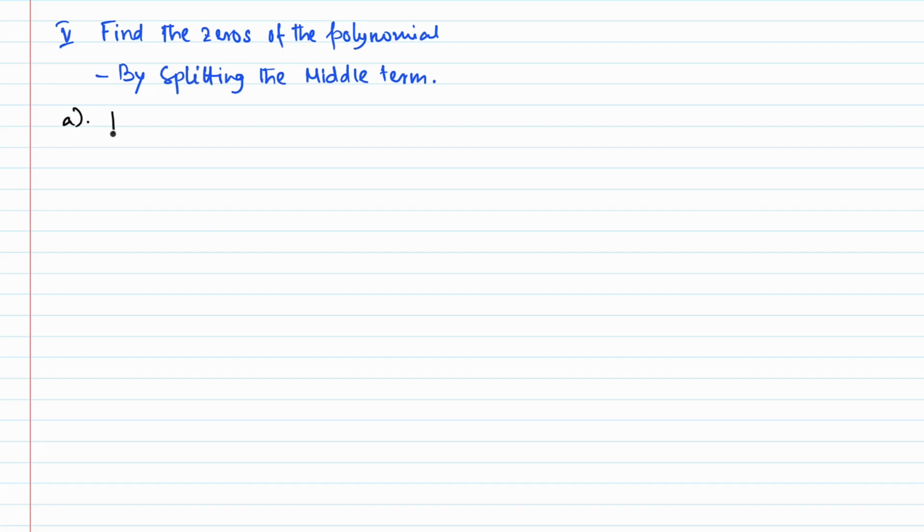Now let us take the fifth category of the problem. Find the zeros of the polynomial by splitting the middle term. This polynomial is also of the quadratic form, but the nature of this particular quadratic equation is a little bit different from what we have seen in the type 3 category.